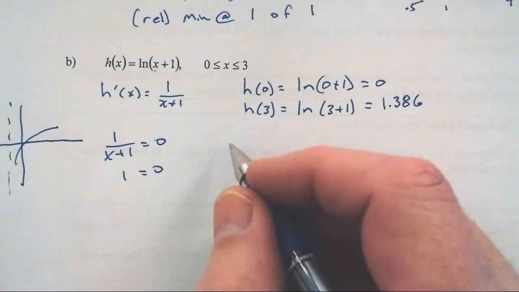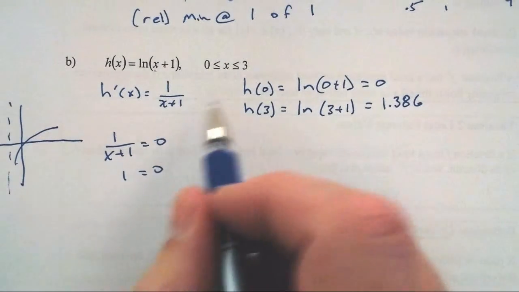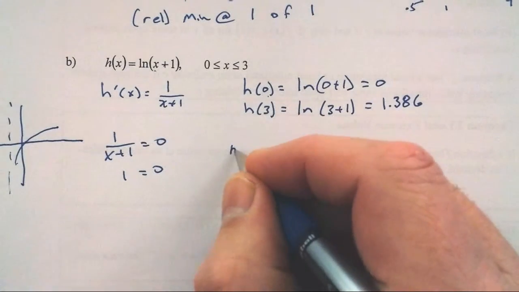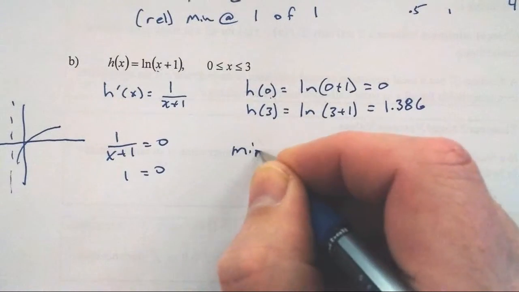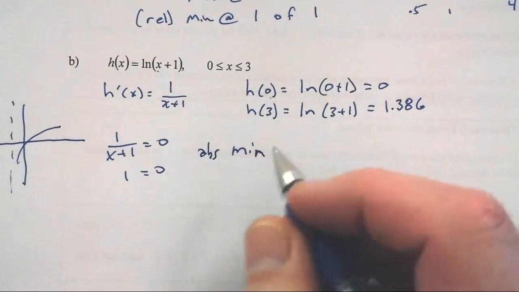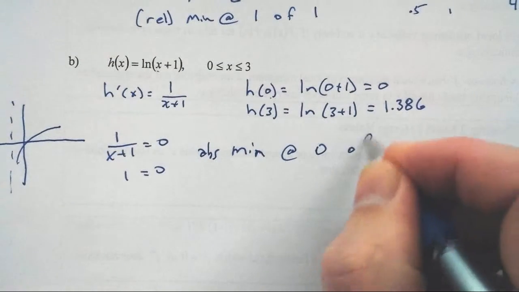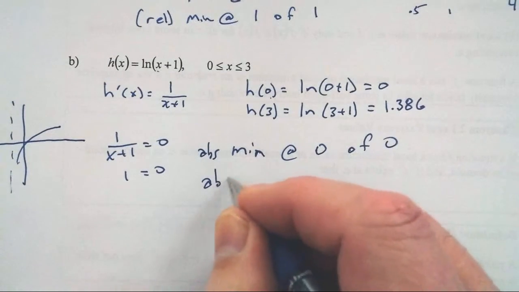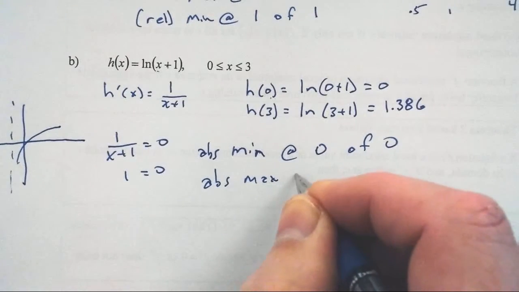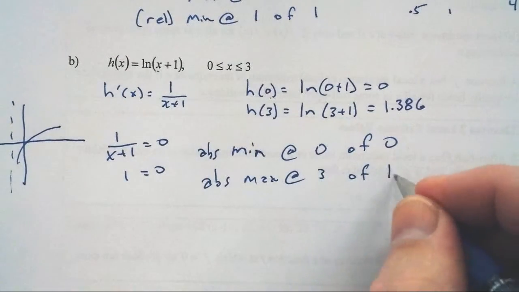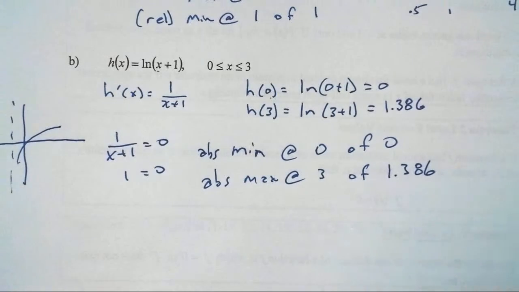So in that case, because we only get to start at 0, we have an absolute minimum at 0 of 0, and we have an absolute maximum at 3 of 1.386.